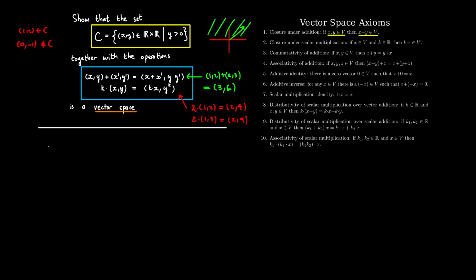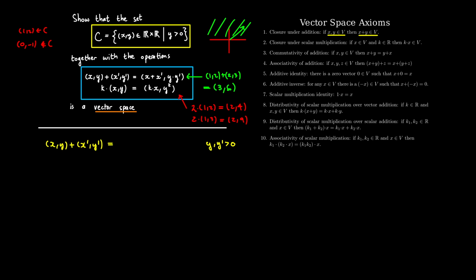If I take, let's say, (x, y) and I add this to (x', y'), what do I know? I know that both of these are vectors in this space here. So I should actually just say that both y and y' are strictly positive numbers.